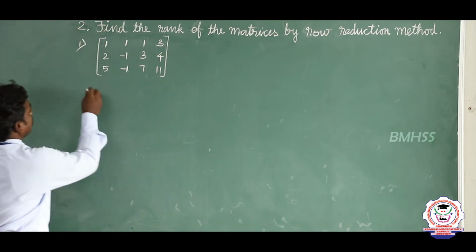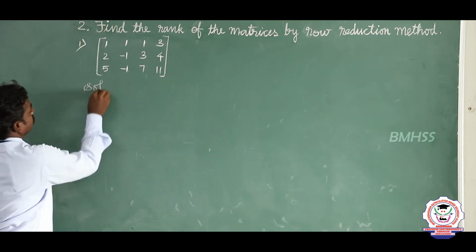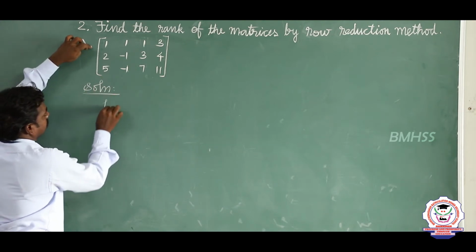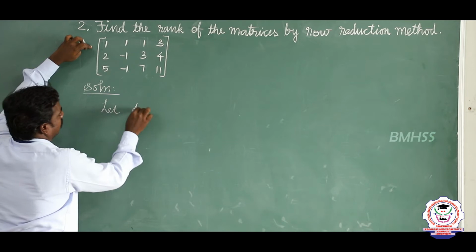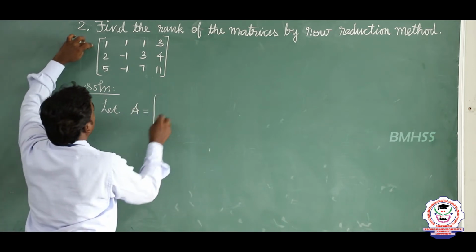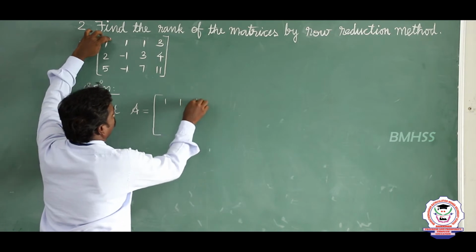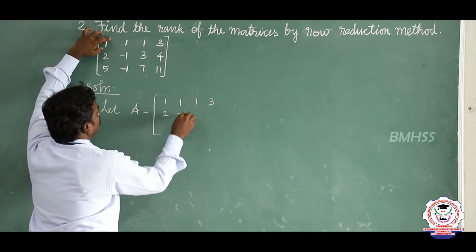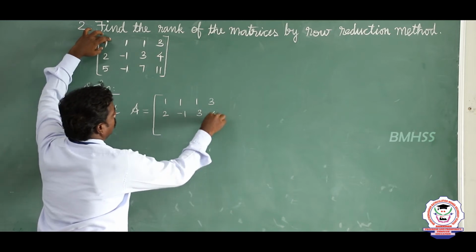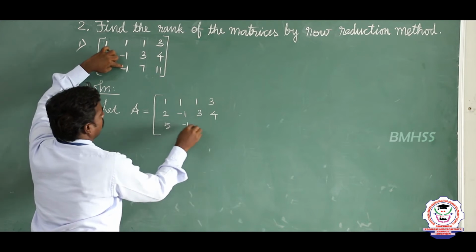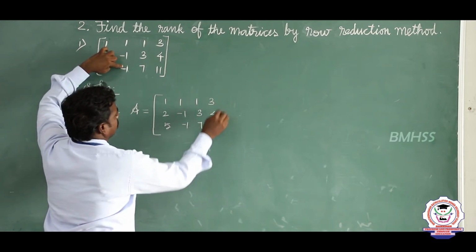Listen here, in the solution, let A equal to the given matrix: 3 rows, 1, 1, 1, 3 and 2, minus 1, 3, 4, and 5, minus 1, 7, 11.